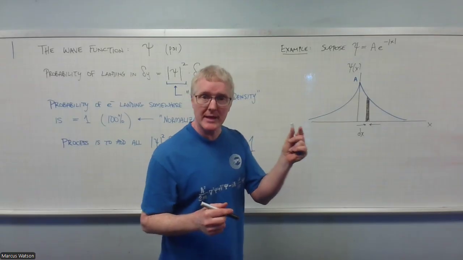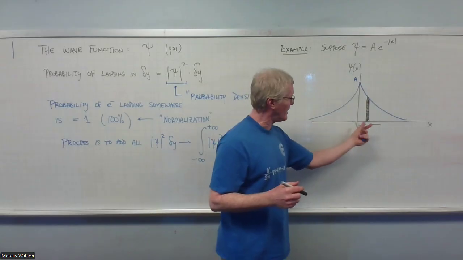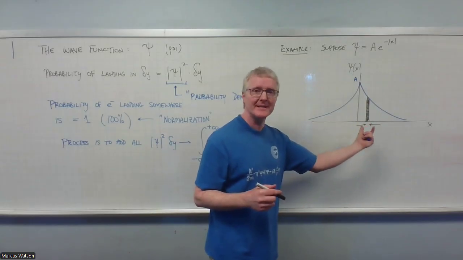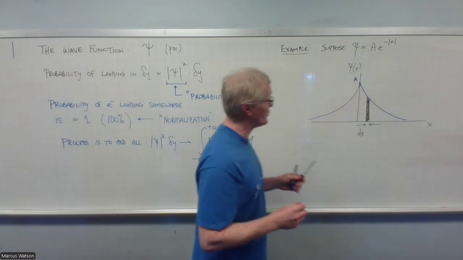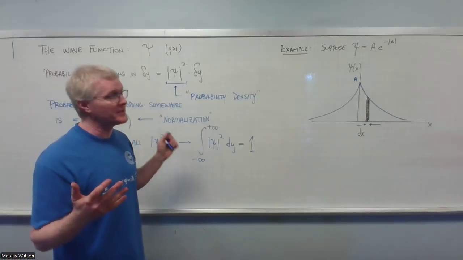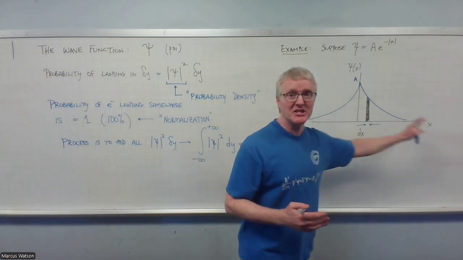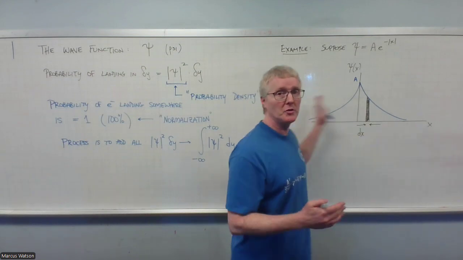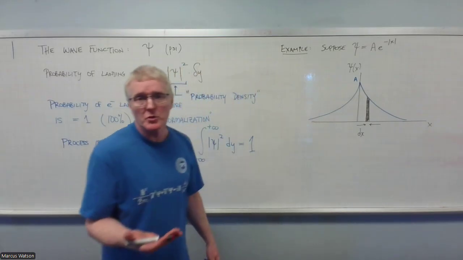How much area is under that strip? So I need a strip of width dx, and I need the value of the function here and there, and that would give me my area. Now, hopefully you can imagine that if this really was a wave function, the probability of it landing somewhere should be 1. It should be somewhere here. We just don't know where.